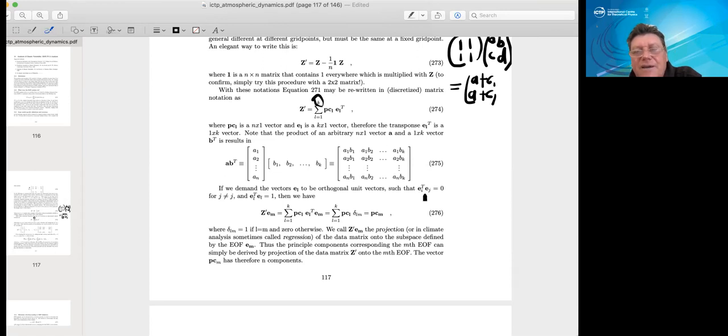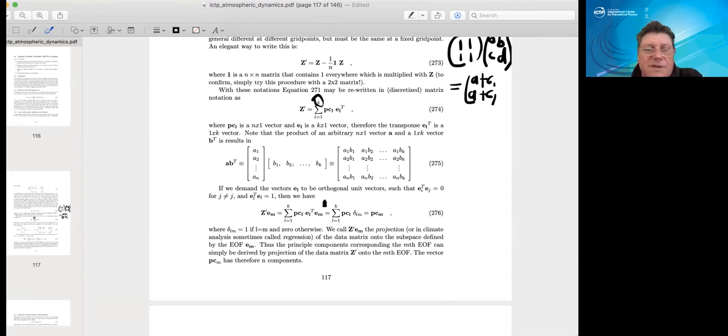So if I multiply one EOF vector with another EOF vector, and those vectors are not the same, then that spatial correlation between these two vectors, that scalar product, should be 0. So one field should be uncorrelated with the other field spatially.